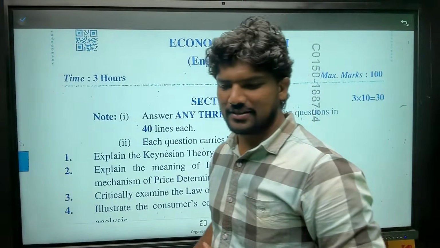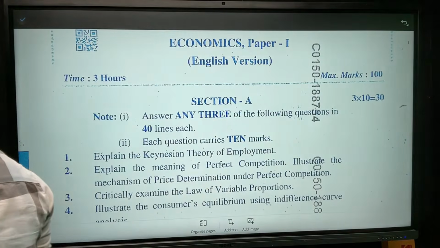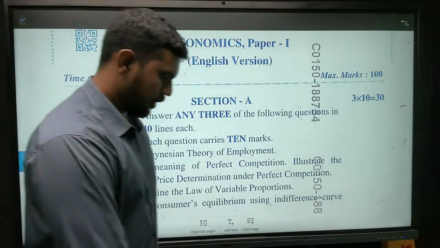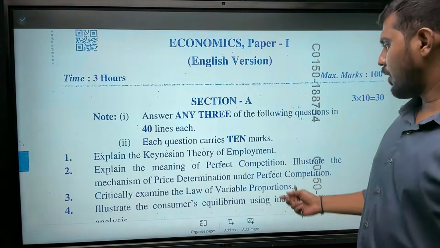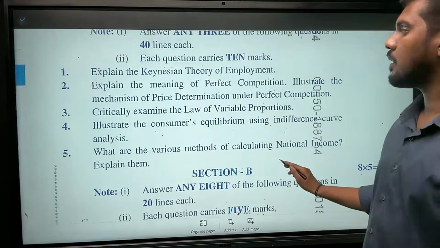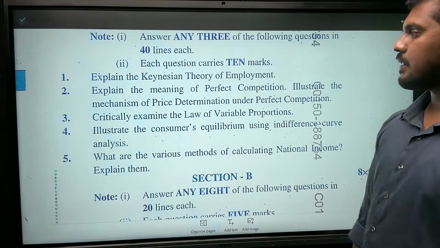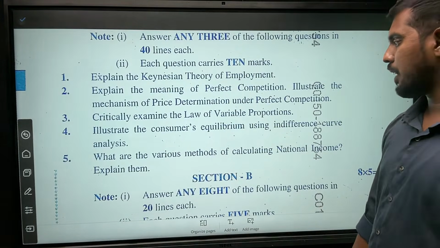This is the previous March 2026 question paper. Looking at it, he has given Keynesian theory, perfect competition, and law of variable.